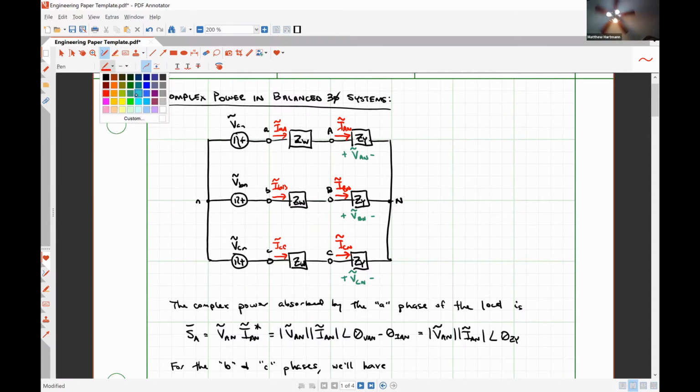We can also observe that there's a relationship between our phase voltages and our line voltages.